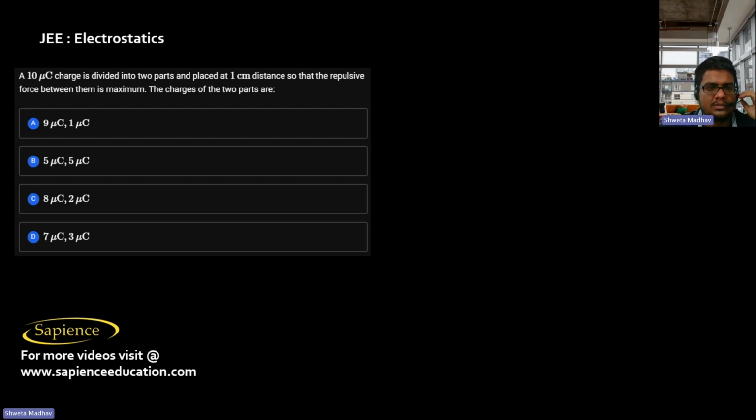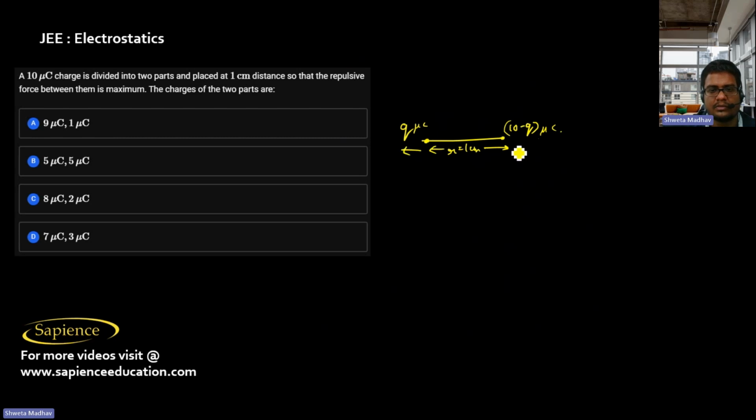Okay, so 10 microcoulomb charge. So here we have q charge and here I will have 10 minus q microcoulomb charge. So this is q microcoulomb and this is 10 minus q microcoulomb, placed at a distance r that is 1 centimeter apart so that the repulsive force between them is maximum.